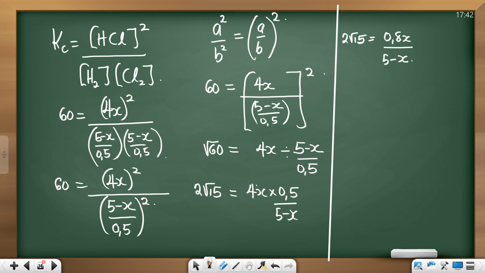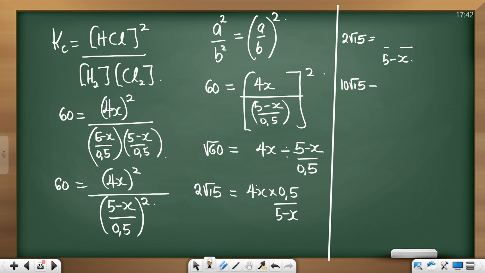I'm sure we can now cross multiply. This will be 10 root 15 minus, it depends on you though. 10 root 15. Yes? 4 times 0,5 is not 0,8. It's 2. Oh, sorry, 2.